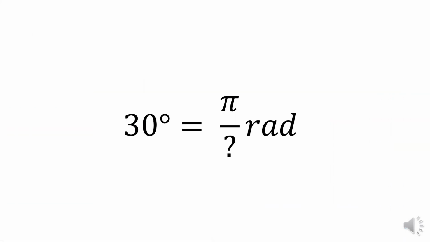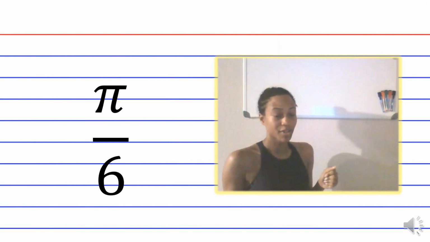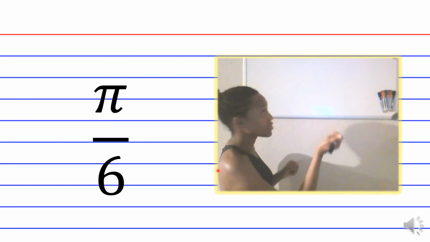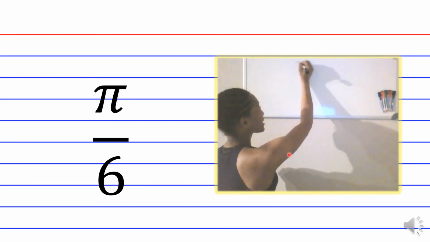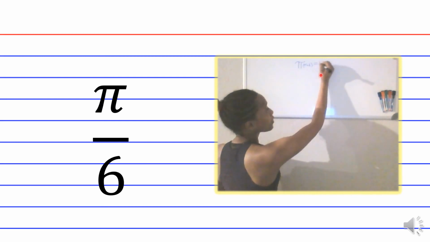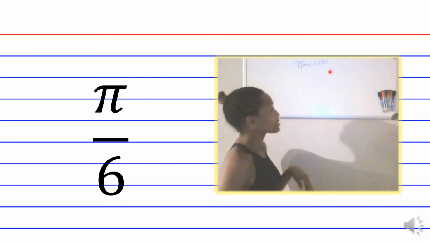30 degrees equals pi over what radians? Pi over blank radians. So what term makes this expression true? It's pi over 6. In order to make sense of this algebraic riddle, you would have to know the definition of pi in terms of radians. So pi radians equals 180 degrees in a Cartesian coordinate plane system, okay?